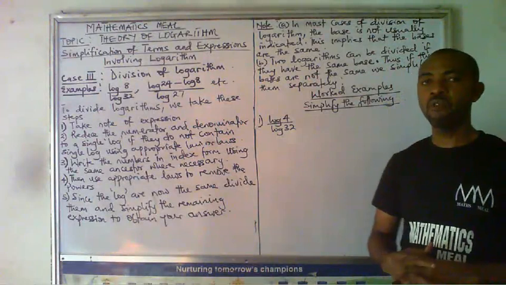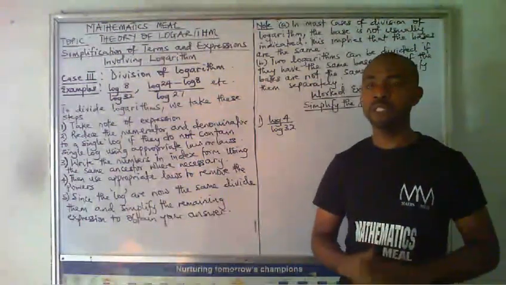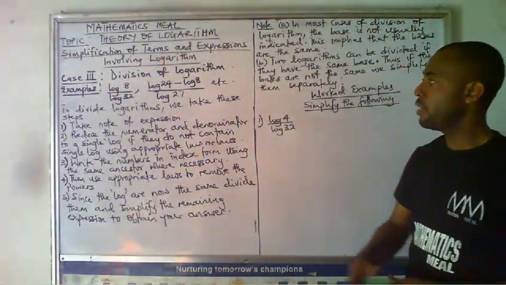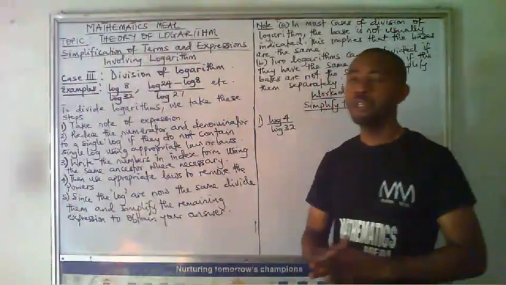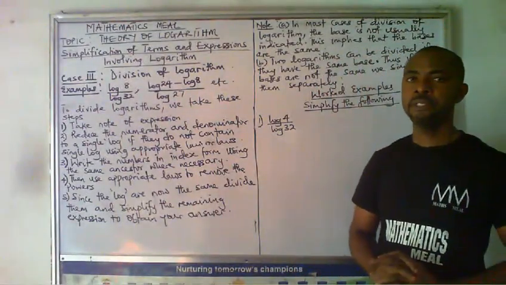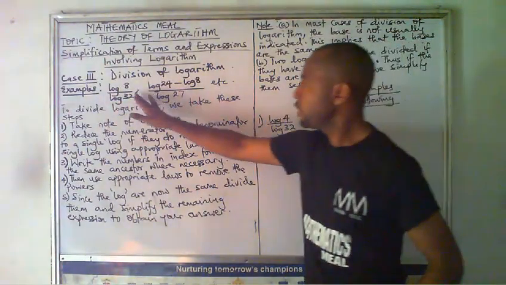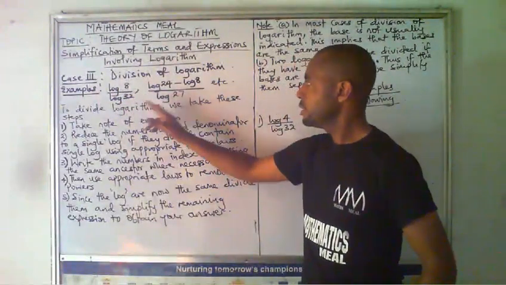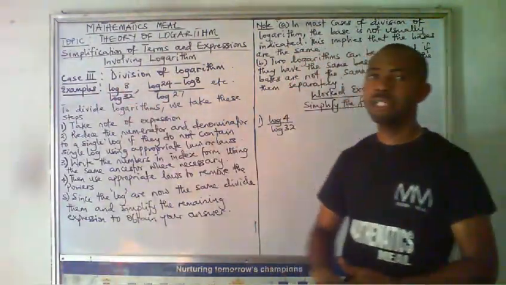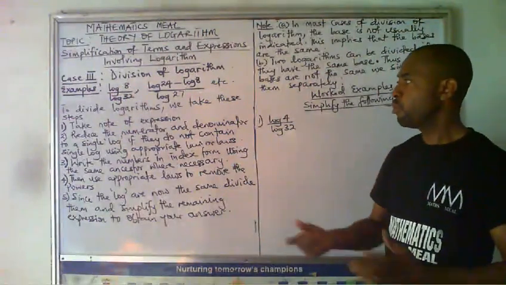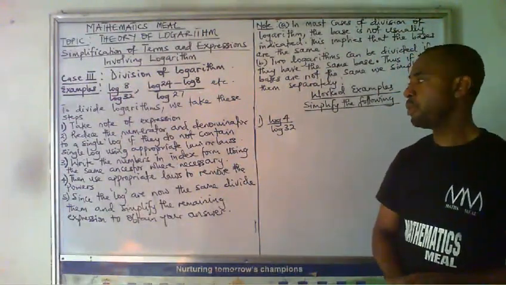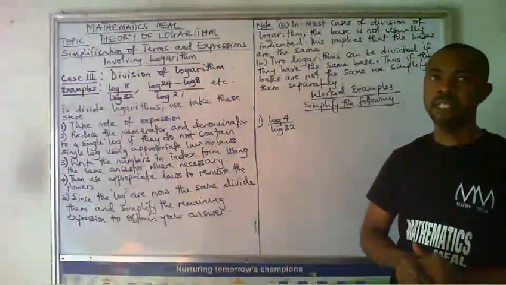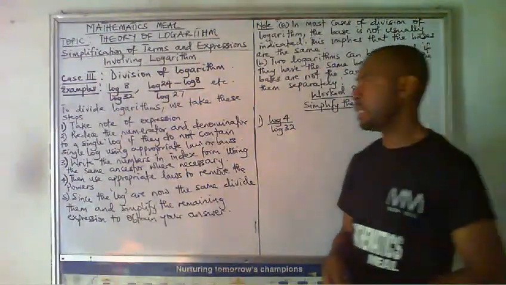That's the case when we have one log operator, when we have many log operators, and now case 3, when we have division of logarithm. So when we have division of logarithm like this, log 8 divided by log 32, what do we do? How do we simplify expressions or terms like this?